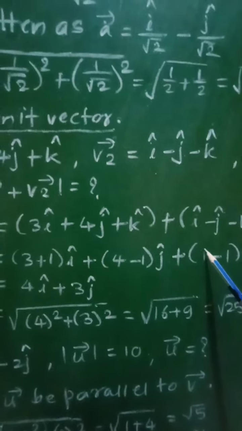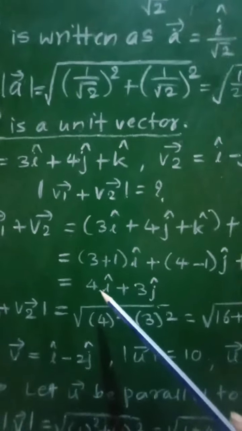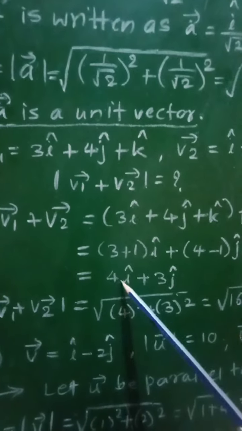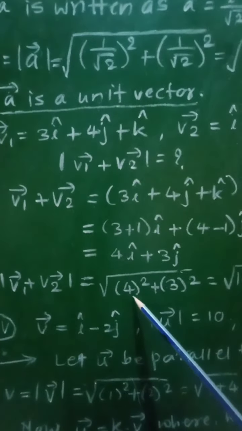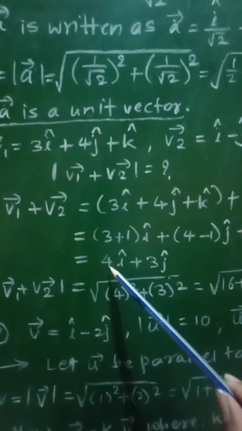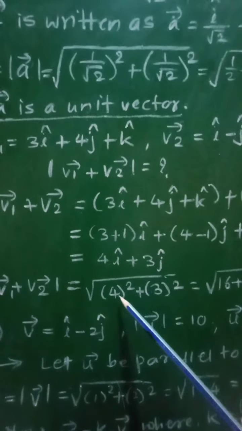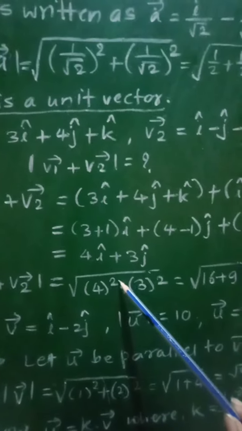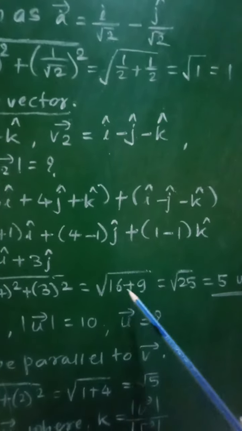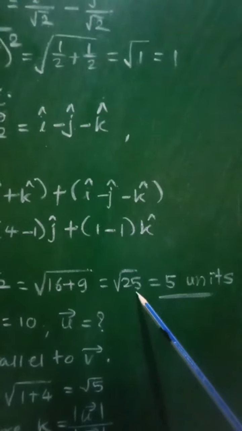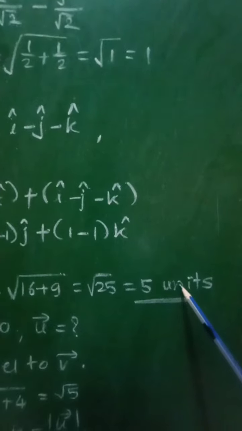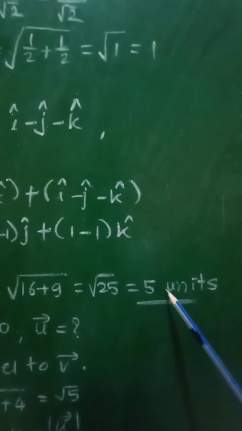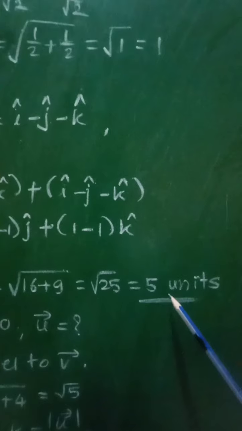This will become 0, and therefore vector phi1 plus vector phi2 comes out to be 4 i cap plus 3 j cap. Therefore magnitude of this vector will be equal to square root of phi x square plus phi y square, that is square root of 4 square plus 3 square, which comes out to be square root of 16 plus 9, which is equal to square root of 25, which comes out to be 5 units. So magnitude of vector phi1 plus vector phi2 comes out to be 5 units.